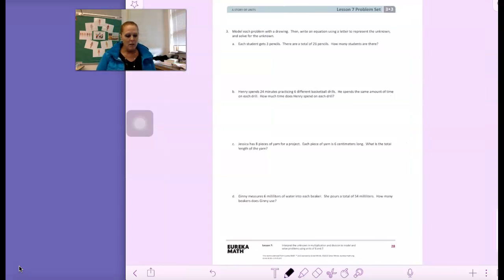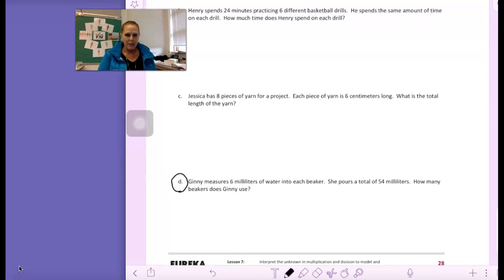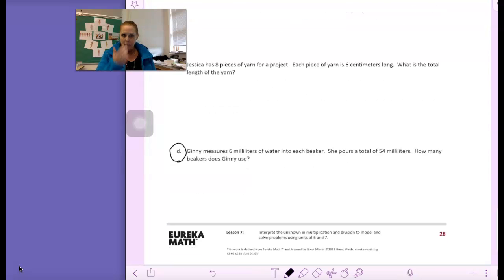Let's move on to number 3, and we're going to look all the way down at letter D together. It says, Ginny measures 6 milliliters of water into each beaker. A beaker is kind of like a scientific pitcher that you use to pour liquid in.